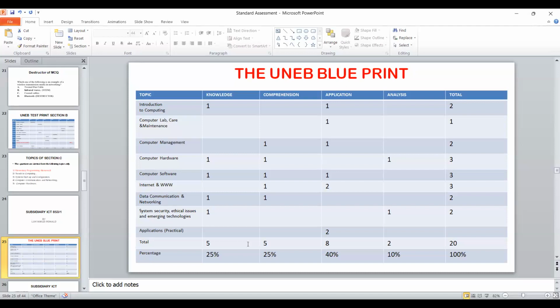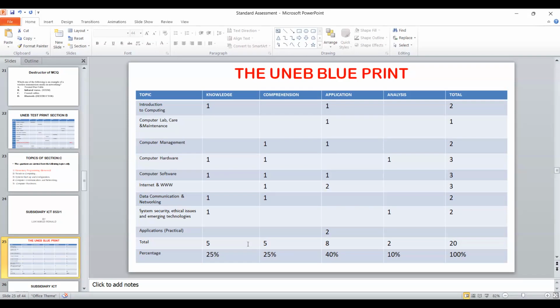So at senior 5, you are going to test them about introduction to computers, whereby this topic must contribute 2 questions in the final paper. Then get 1 question from computer lab, care and maintenance. Only 1. Computer management, where we have booting, files, and folders, 2 questions.